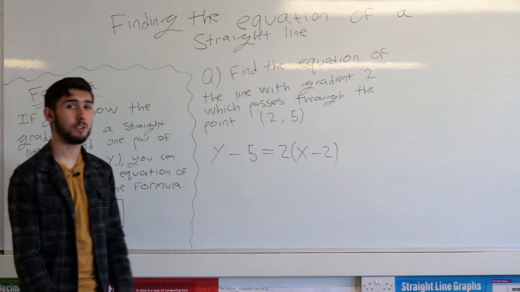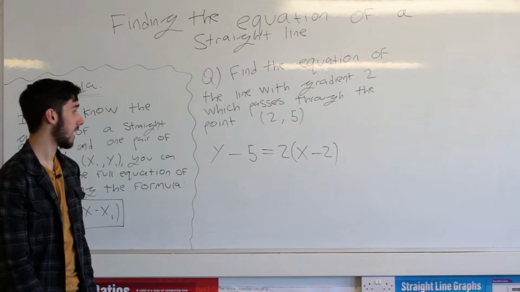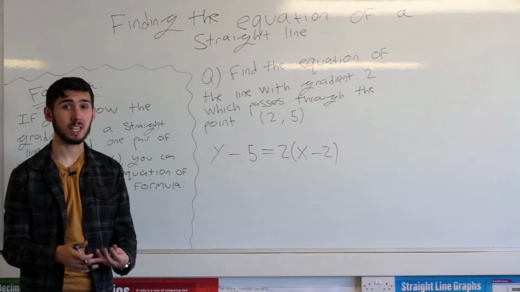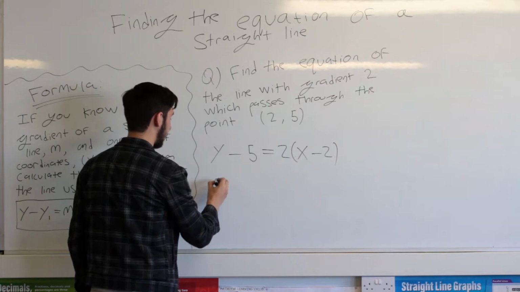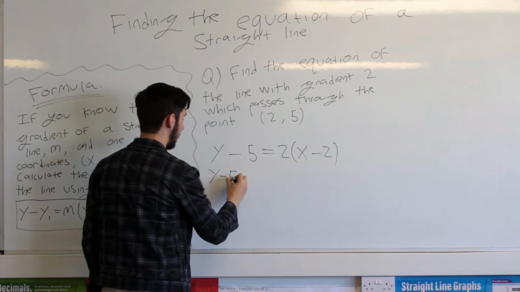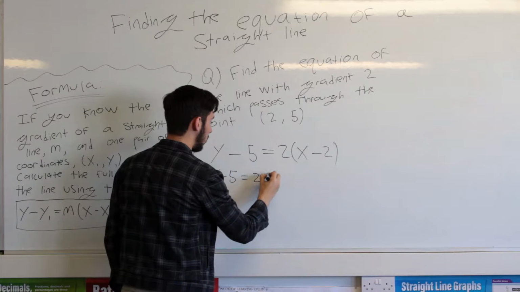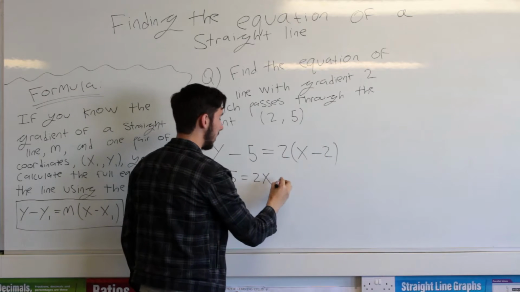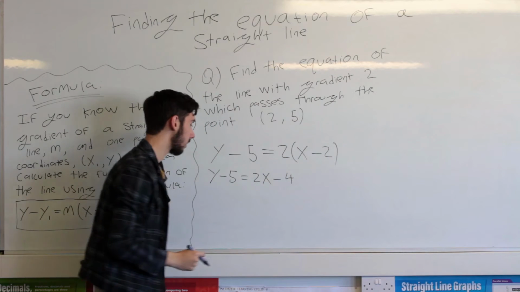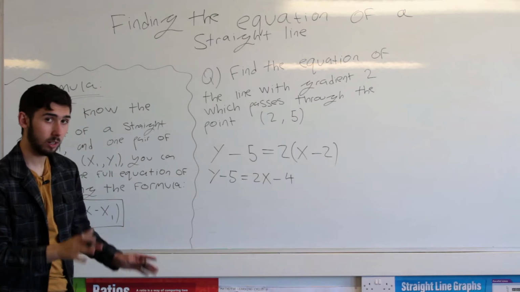And guys, all we need to do is rearrange this. And we need to get it into the form y equals mx plus c. So let's just expand this bracket out. So we get y minus 5 equals 2x, because this is 2 times x, and then 2 times minus 2 is minus 4, just like that. Okay, looking like we're getting closer.